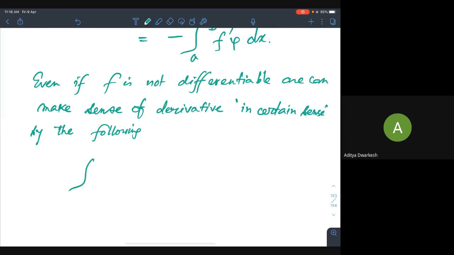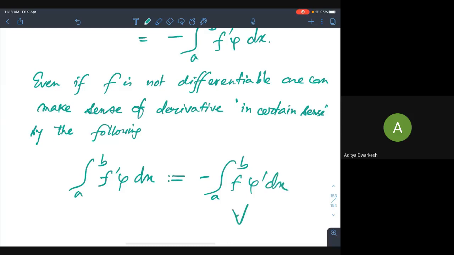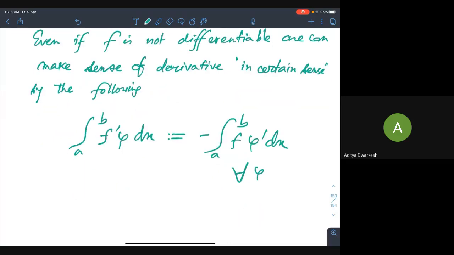So this is integration a to b f prime phi dx, by definition, minus integration a to b f phi prime dx for all phi such that phi belongs to a certain class of function.